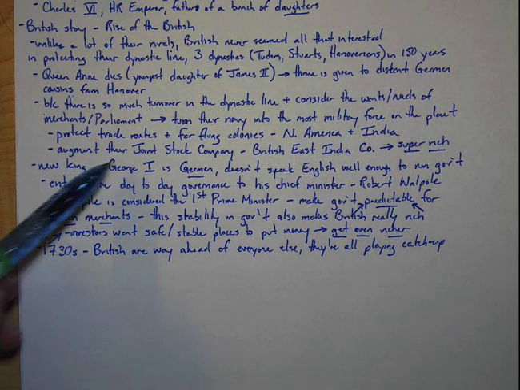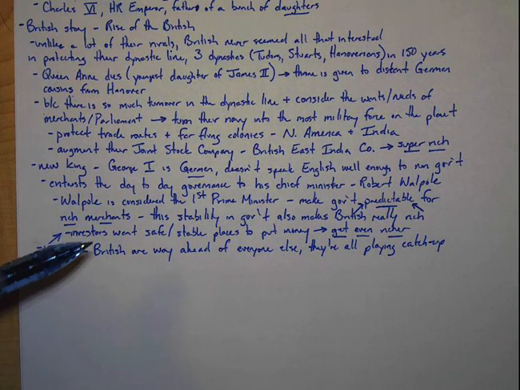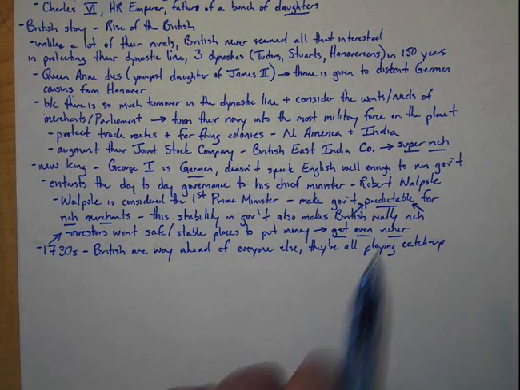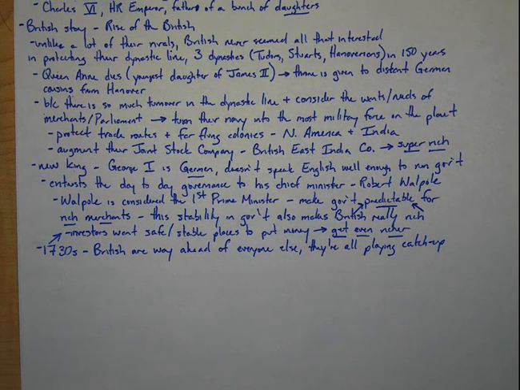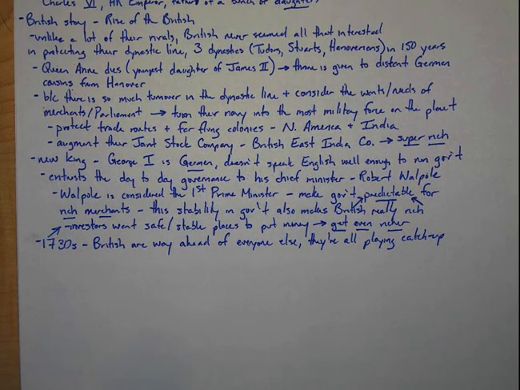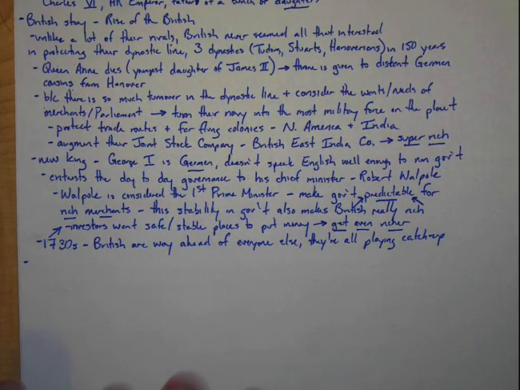The fact that their new king doesn't really speak English well enough to run the government, and he entrusts the day-to-day governance to this guy, Walpole, who makes government predictable with political parties, also makes things really stable. And so by the time we get to the middle of the 18th century, the British are way ahead of everybody else.